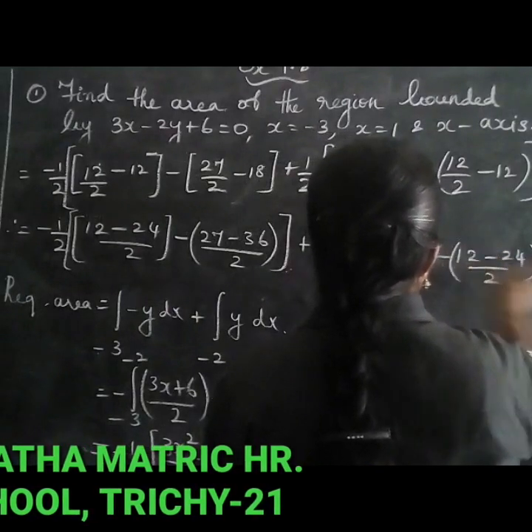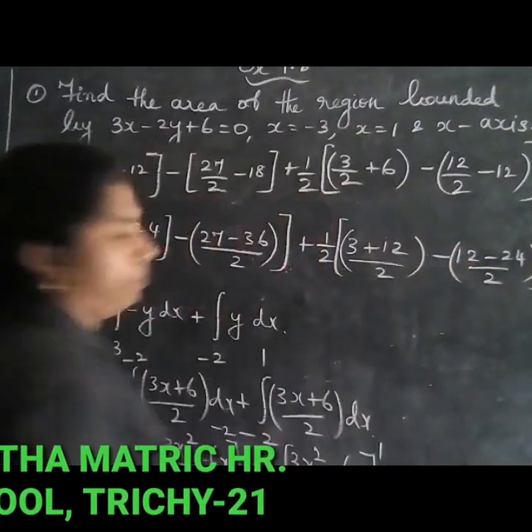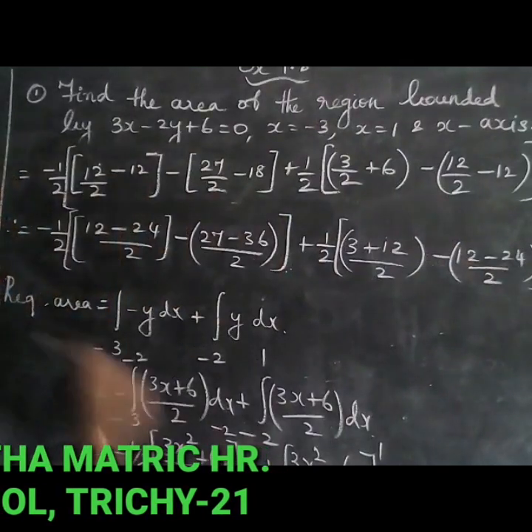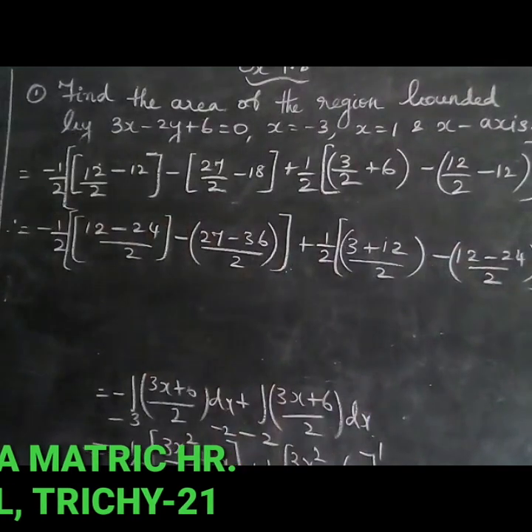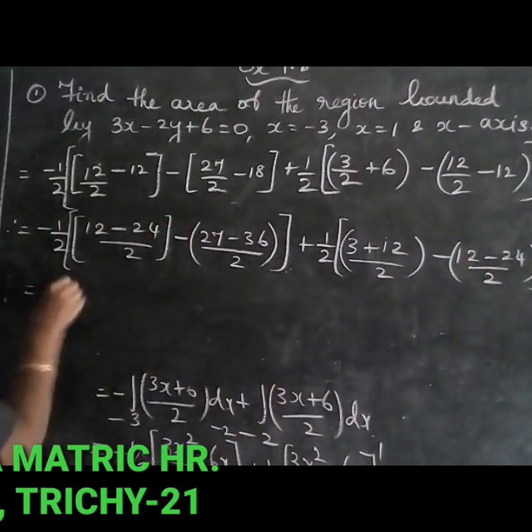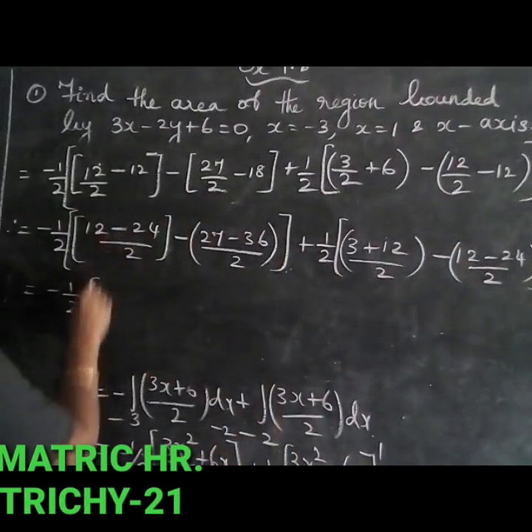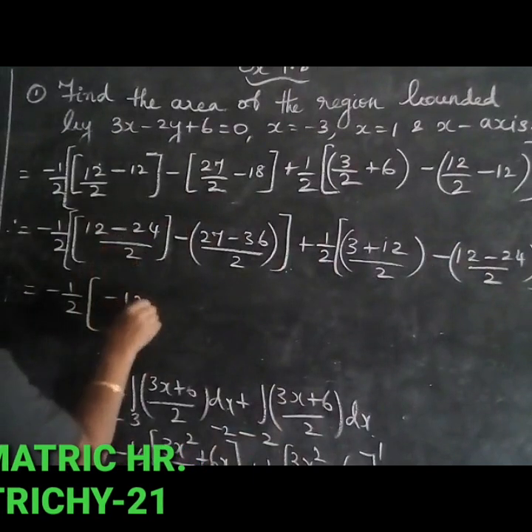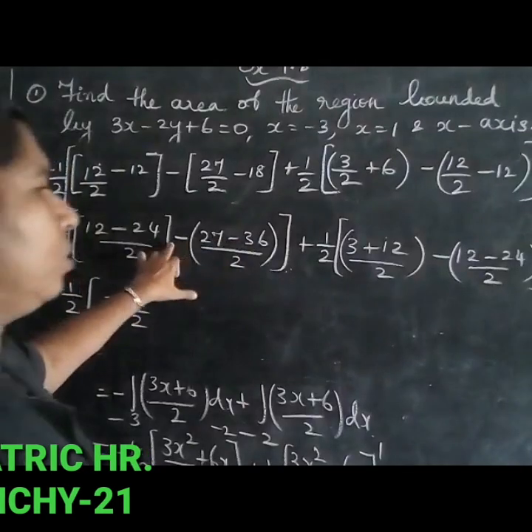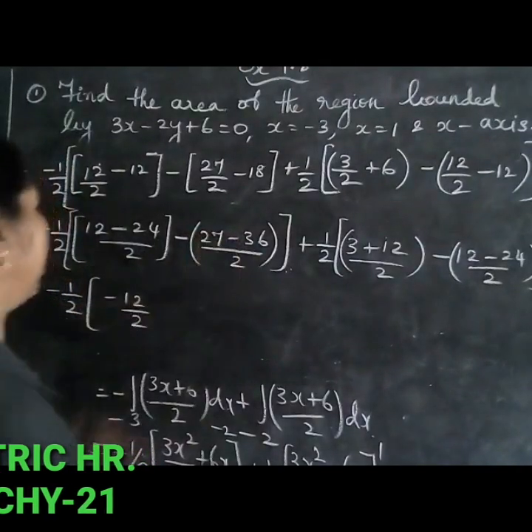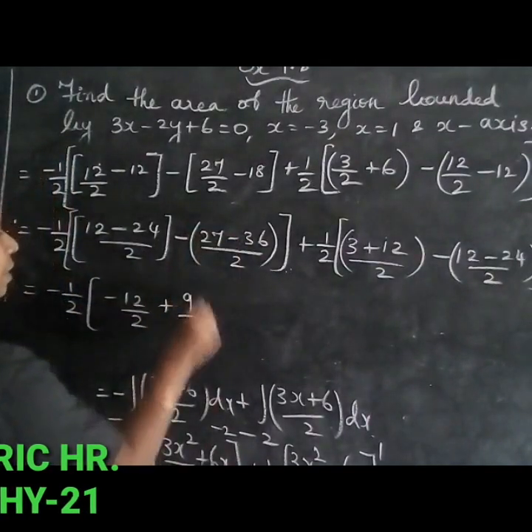Just we are taking the LCM. Which is equal to minus 1 by 2. Here minus 12 by 2. Here we are getting minus 9. So minus of minus, plus 9 by 2.